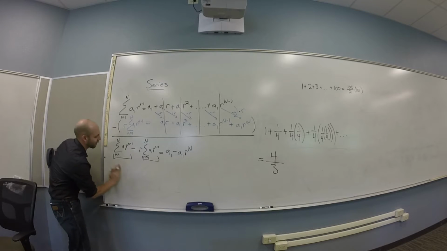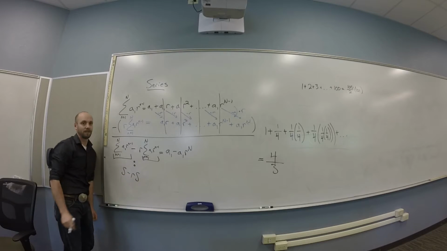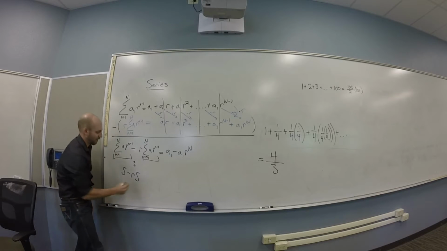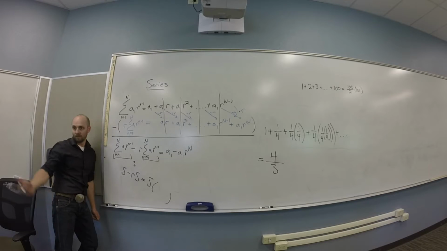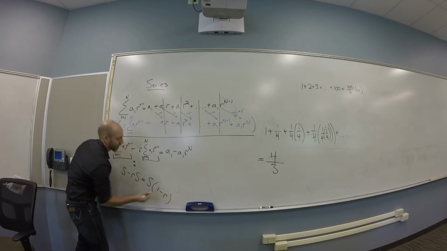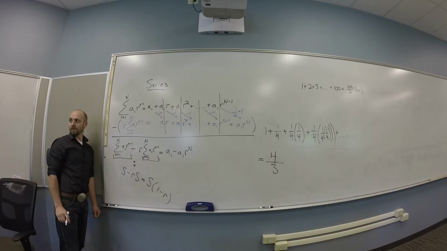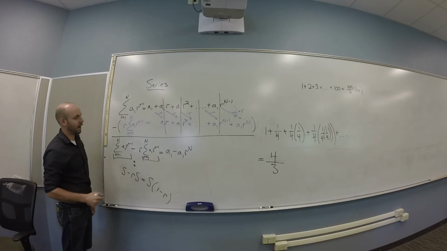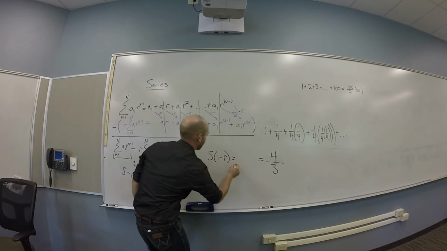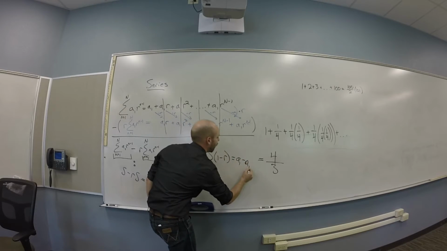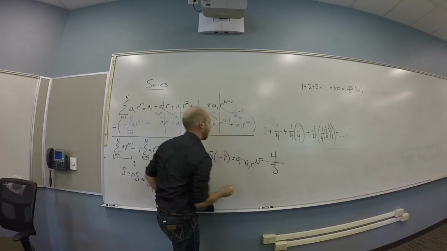So over here on this side, you have S minus rS. So that's S times what? 1 minus r. You guys all see that? Okay, so now you can solve for S. What you know is that S times 1 minus r is a1 minus a1 r to the n power.